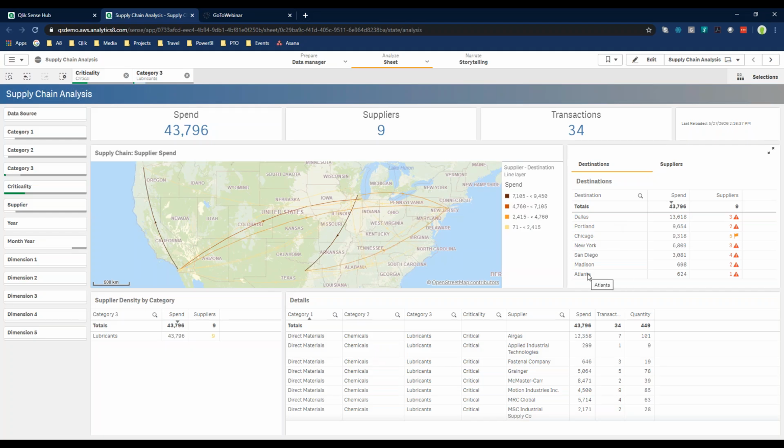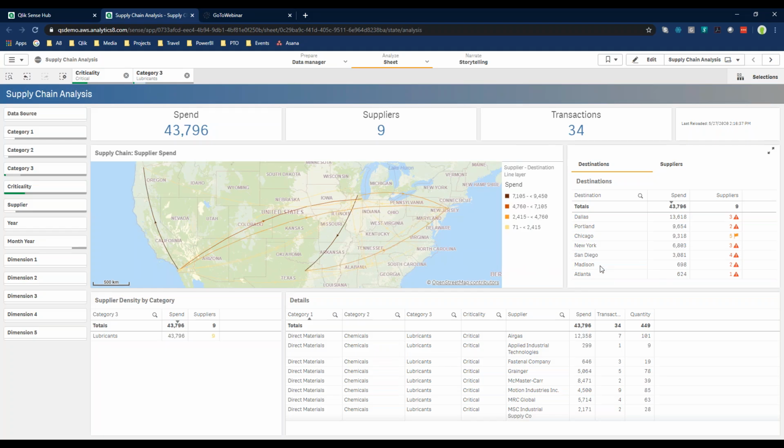For example, in Atlanta, I only have one supplier that I'm currently using in that region. So this gives me visibility into not only where I have risk overall at an organizational level, but where I have risk at certain plants, certain locations, to make sure that they're still open and operational.